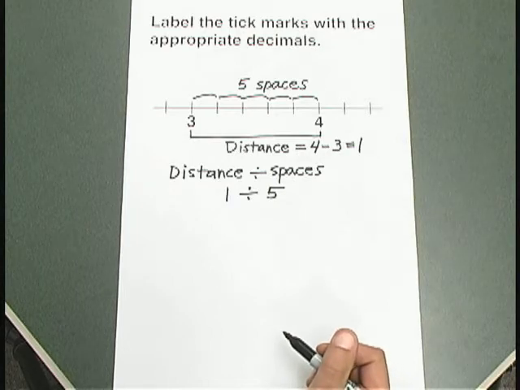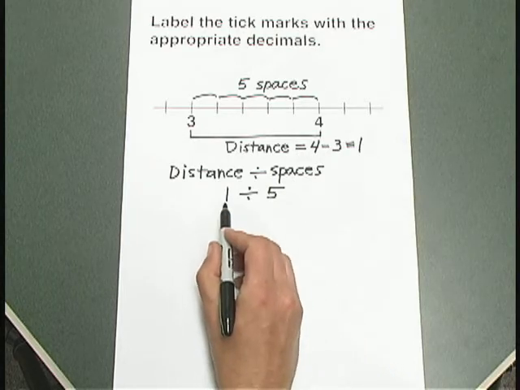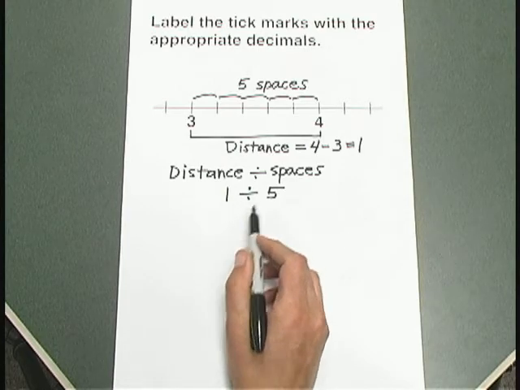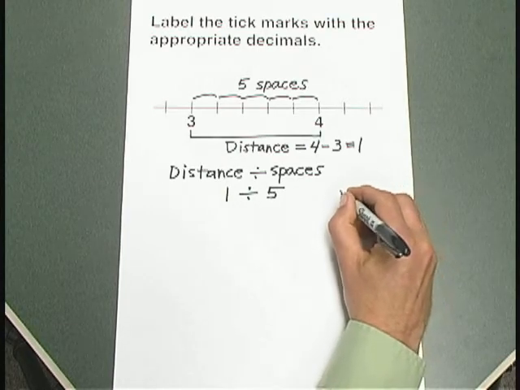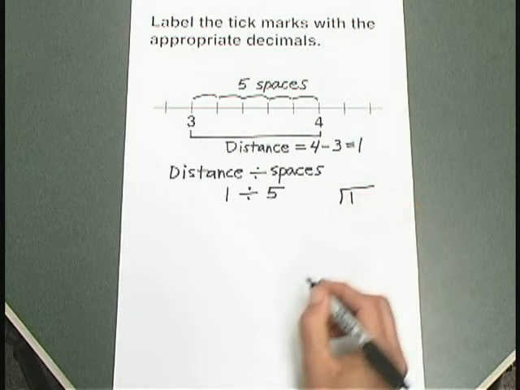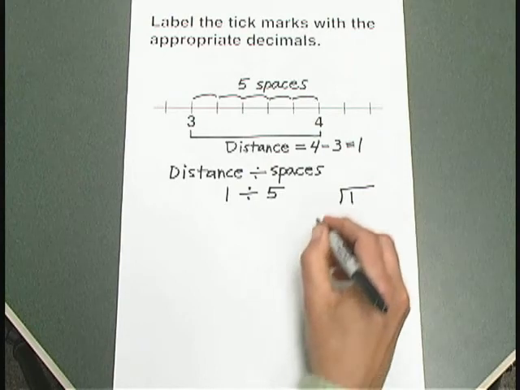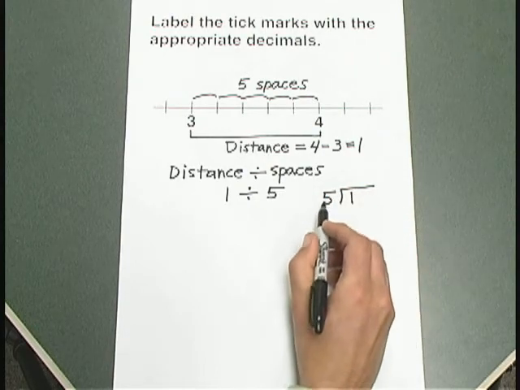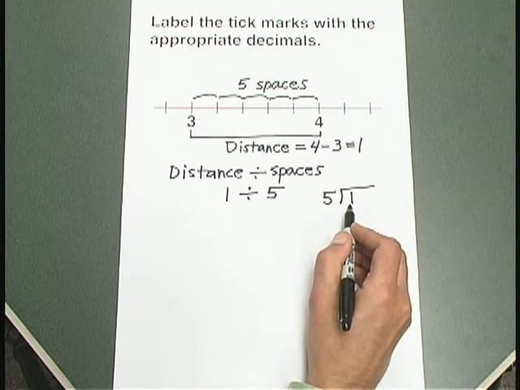Because we want a decimal here, I'm going to do decimal long division. 1 divided by 5 can be written in the following way, with 1 inside the long division box, 5 on the outside. That's the same as taking 5 into 1.